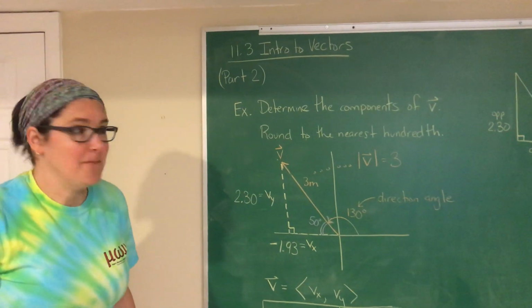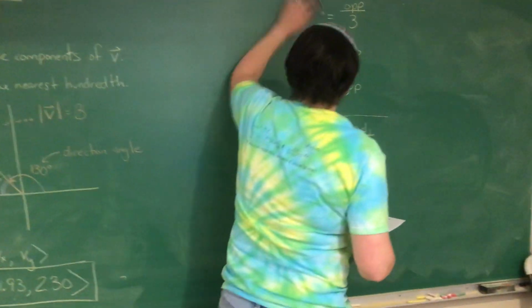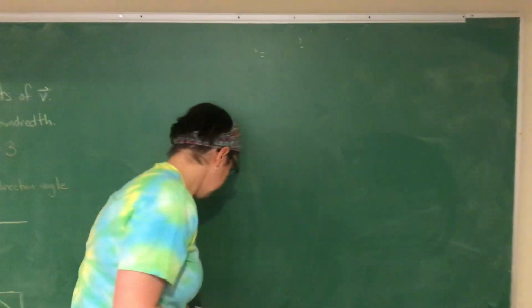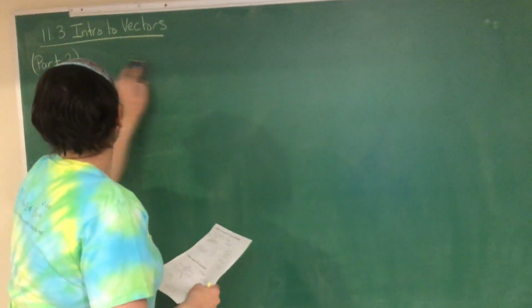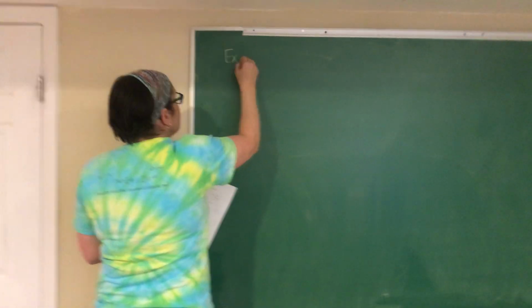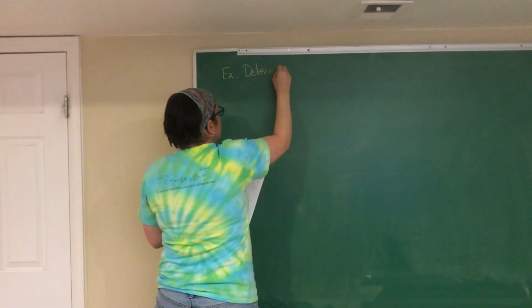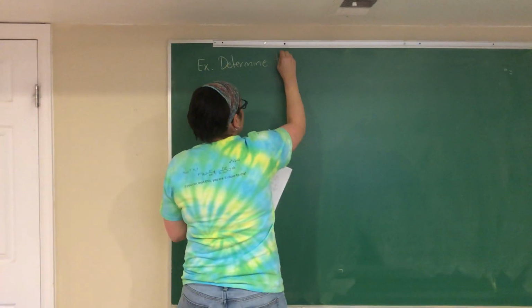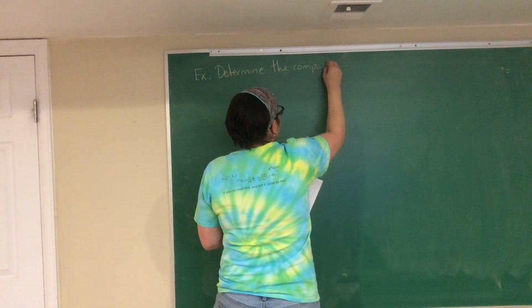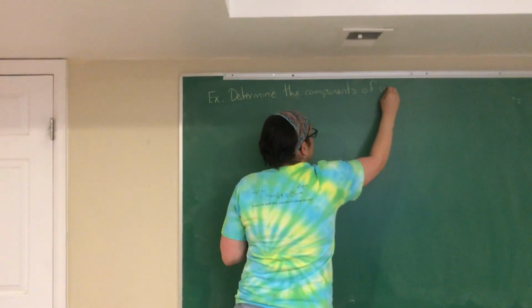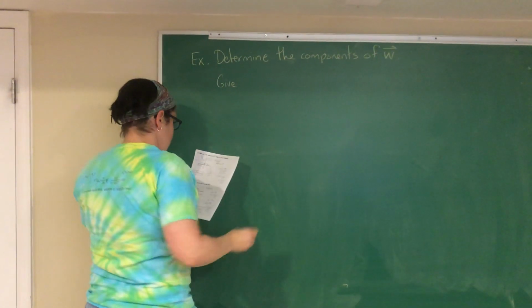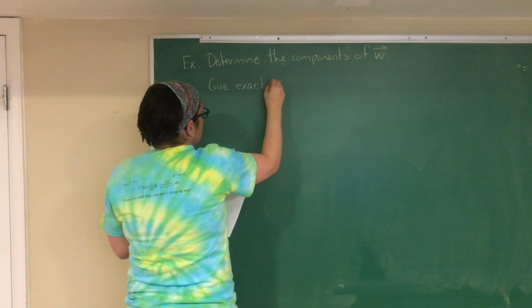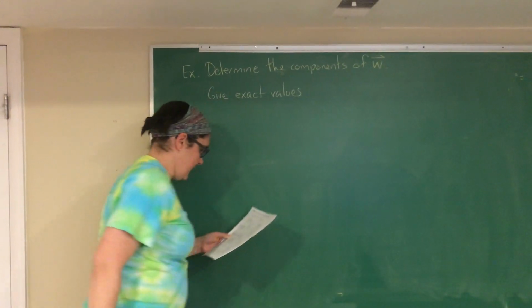Let's take a look at another example. All right, in this example, we would like to determine the components of a vector w, and we are asked to give exact values.